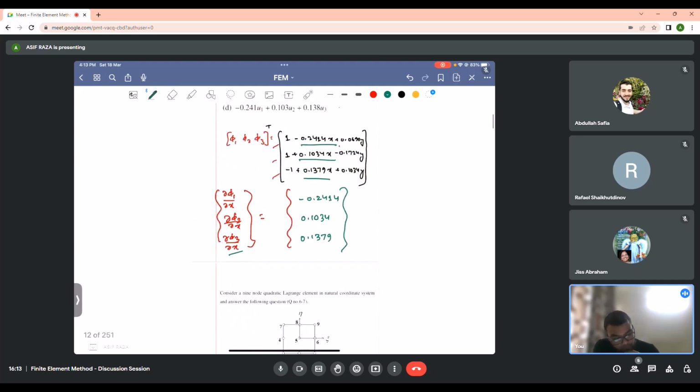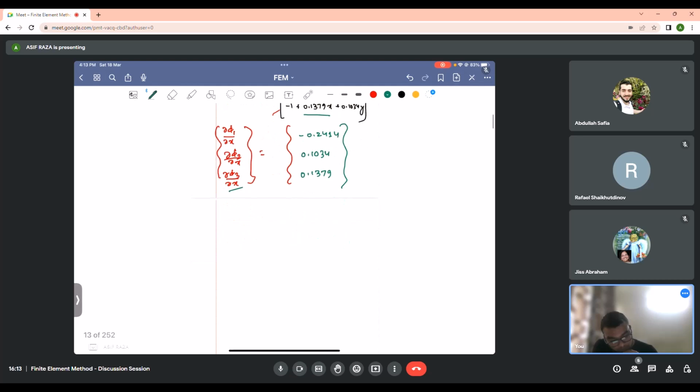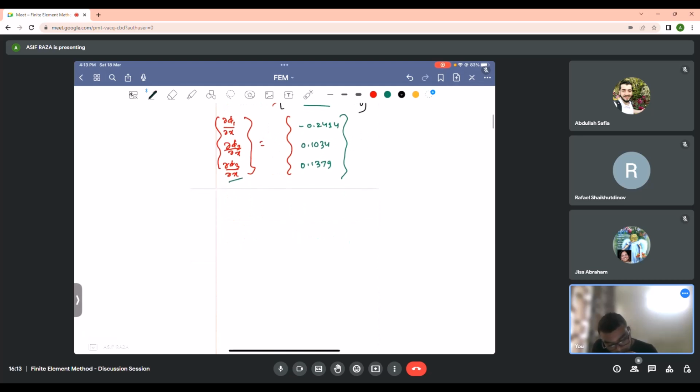So as given in the question, epsilon xx is equal to summation del phi I by del x u I, I equal to 1 to 3.